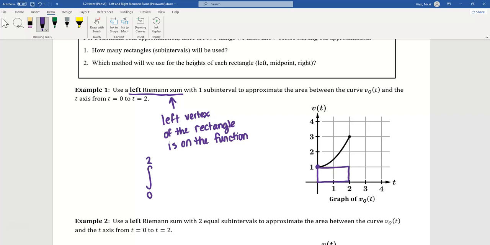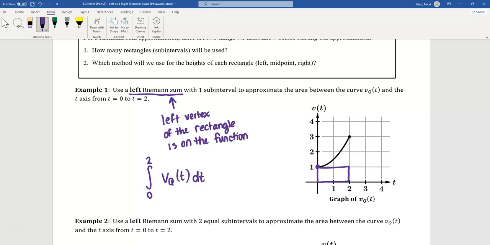And that is the domain that you're looking at, right? So the integral from 0 to 2 of, they're calling this function right here, V sub Q of t. And then whatever variable is your independent variable, whatever's inside the parentheses there, we will put a dt over here on the end. That's telling you what you're integrating with respect to.